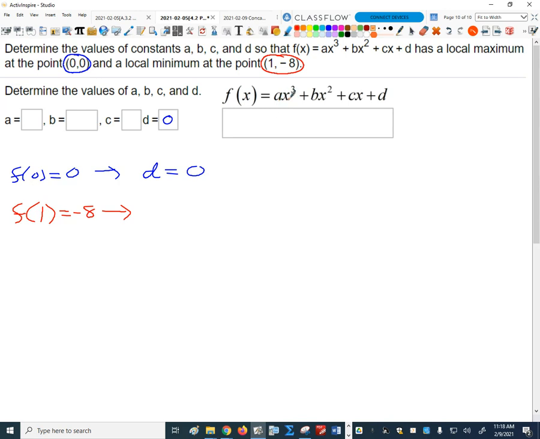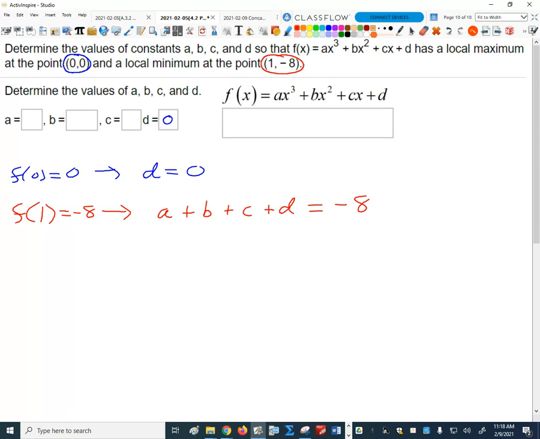Well, I'm going to get a times 1 cubed. That's just a, plus b times 1 squared is b, plus c times 1 is c, plus d equals f of 1, which is -8. Okay, there's another equation. I got 2, but I need 2 more.